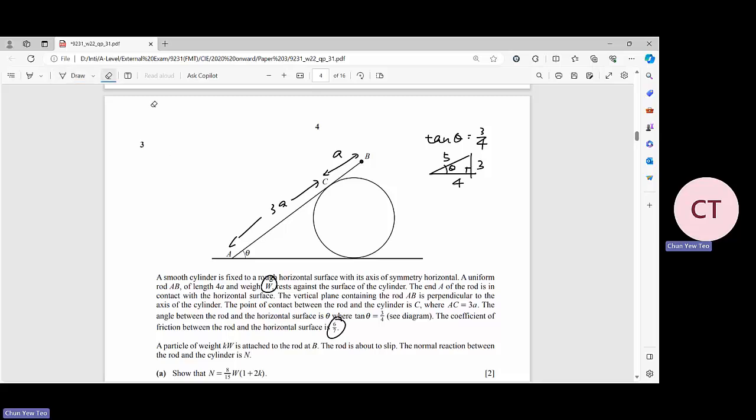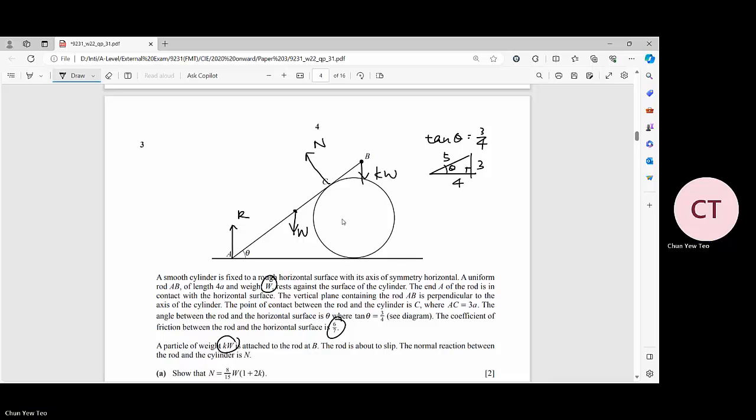I haven't finished the question yet. A particle of weight Kw is attached to the rod at B. The rod is about to slip. The normal reaction between the rod and the cylinder is N. So the normal contact over here is N, and this is your normal contact here, I call it R. This is the midpoint and the weight is W. The weight here is Kw.